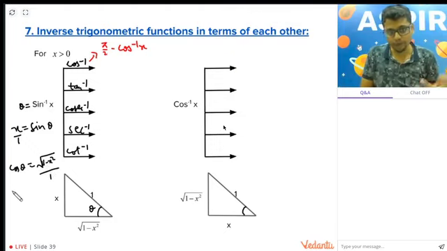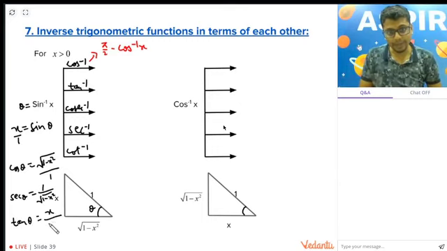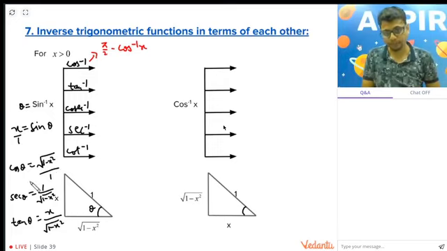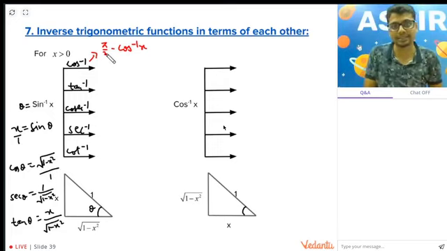What about sec theta? 1 by cos theta, it will be 1 by under root 1 minus x square. What about tan theta? Tan theta is perpendicular by base. So here, cos theta is under root 1 minus x square by 1.